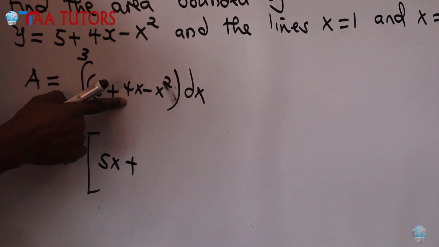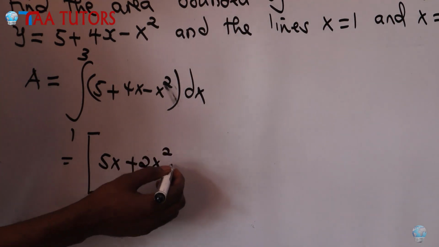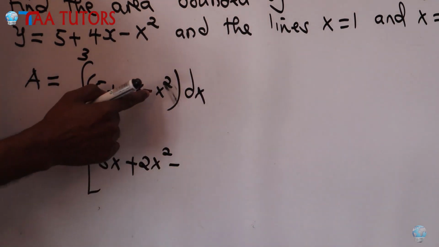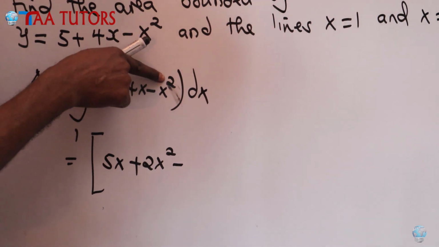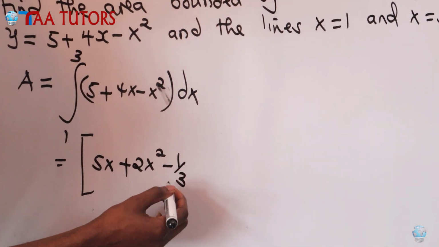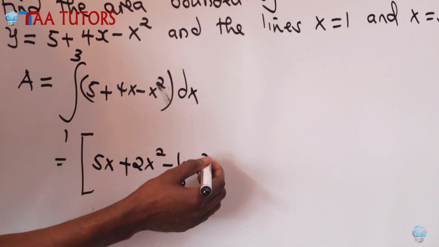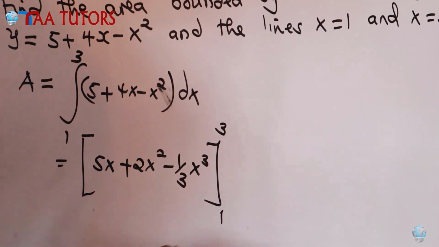So 4 divided by 2 is 2. Then this is x squared. So 2x squared minus, we add 1 to the power here, so it will be 3, divided by the new power, which is 3, so a third x cubed. That one with limits 3, 1.